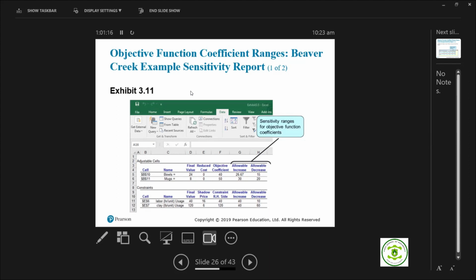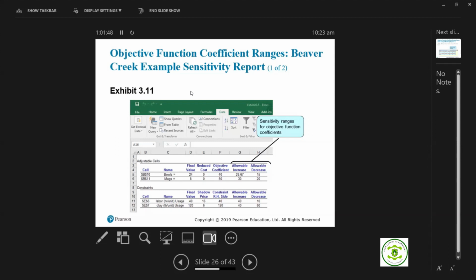Now, the sensitivity range for any value xi is given by ci. In other words, if we are dealing with x1, the sensitivity range value is 0.